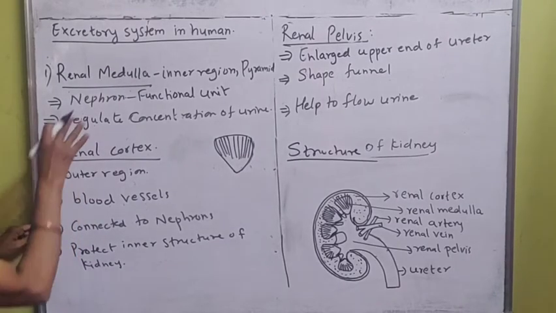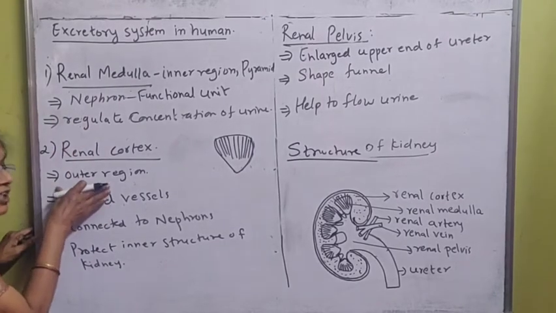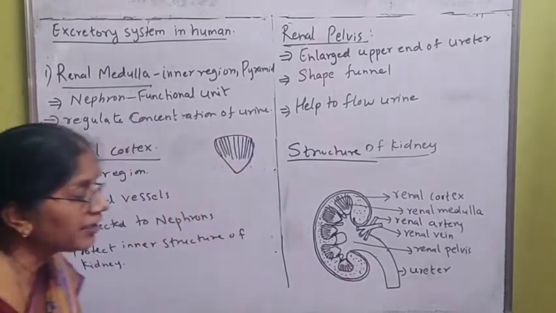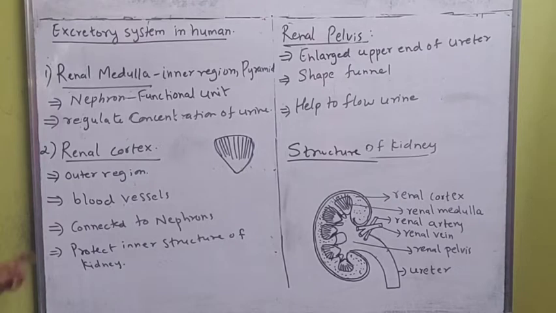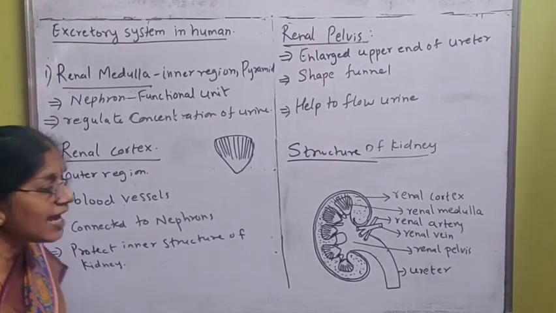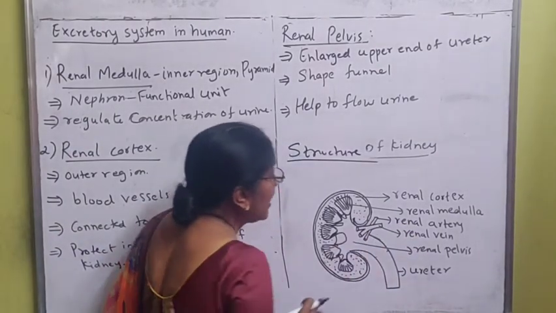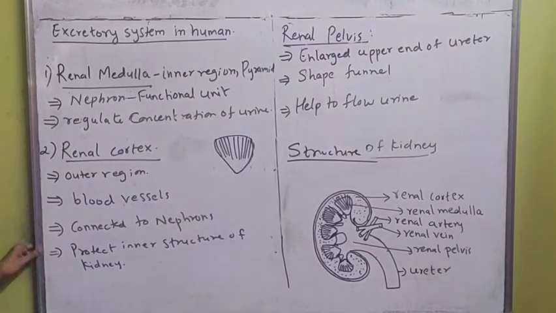Then above the renal medulla, there is the outer region, the cortex. The dotted part I have drawn is called the cortex. It is the outer region of the kidney. See over here, the renal artery and renal vein, the blood vessels, all enter into the cortex. So it contains the blood vessels.